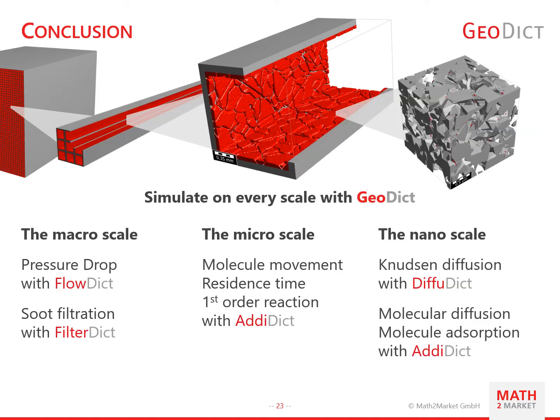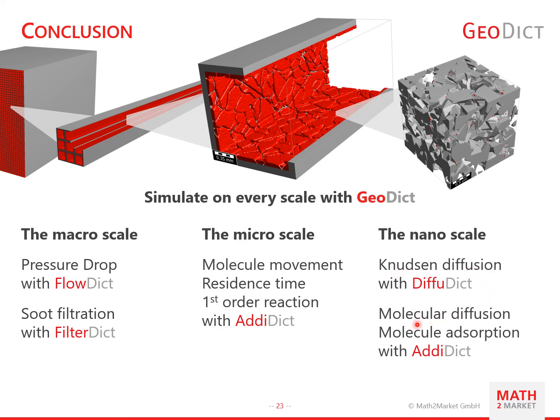So now I'm coming to the conclusion. Simulate on every scale with GeoDict. I hope you enjoyed what you have seen, what you can do on this more or less simple example of only this catalyst in different scales. We have seen a nanoscale structure. We have seen that we can simulate Knudsen diffusion with GeoDict.